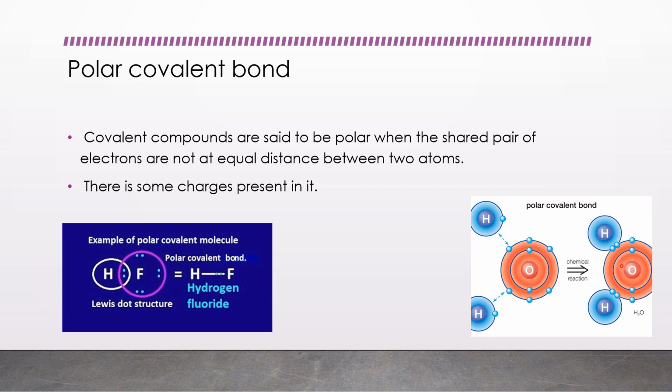So H2O is a polar covalent bond. In this, oxygen has a high electronegative value, so it becomes partial negative, delta minus, and the two hydrogens become partial positive, delta plus. So it is a polar covalent bond.